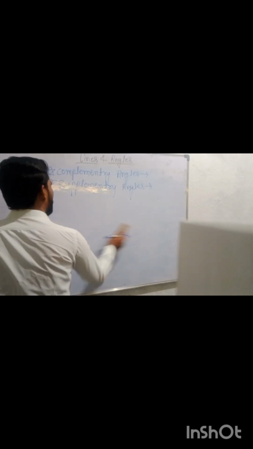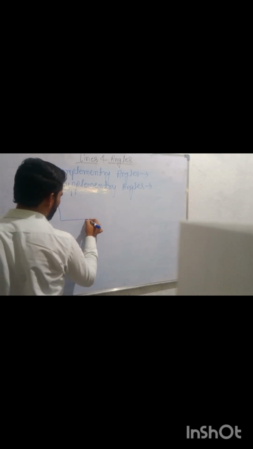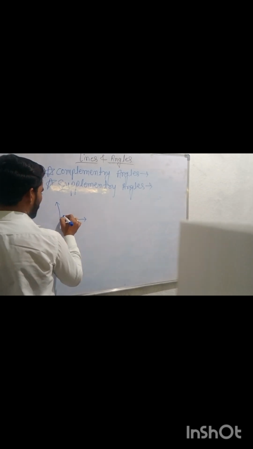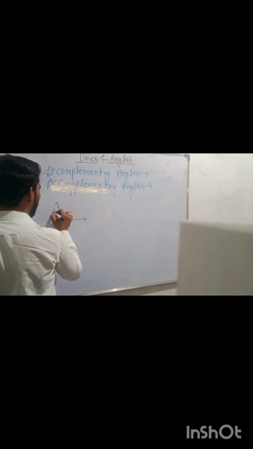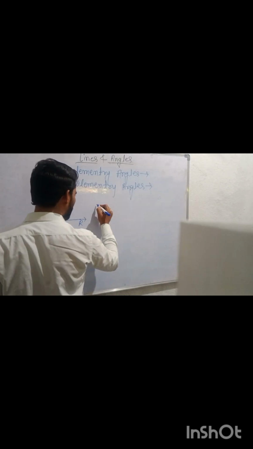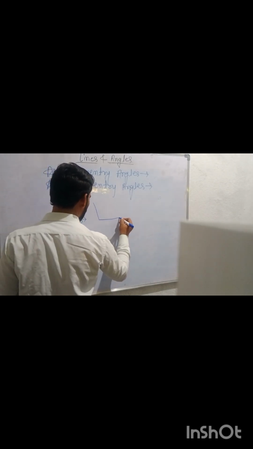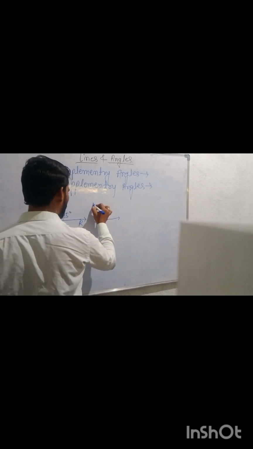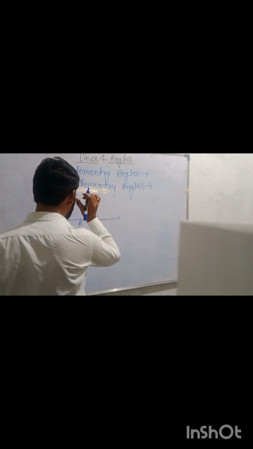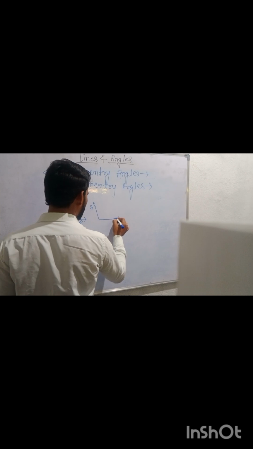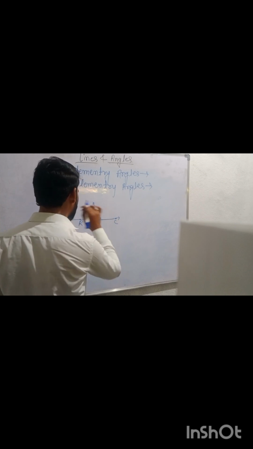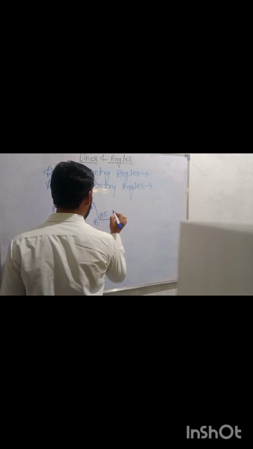Okay. You can see here we have the first angle PQR, whose measure is 95 degrees, and the second one is ABC, whose measure is 85 degrees.